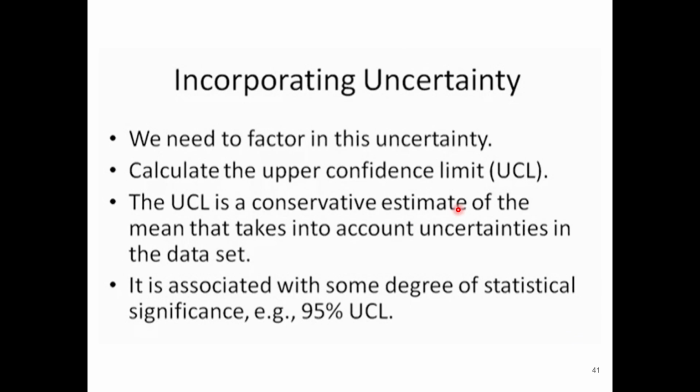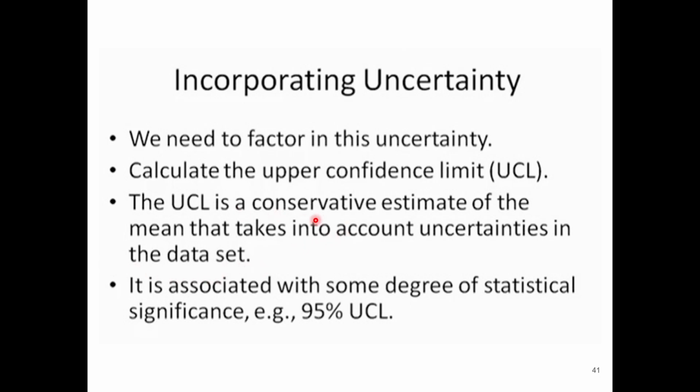Therefore we need to factor in this uncertainty, and for that purpose we have to calculate the upper confidence limit, which is abbreviated as UCL. The UCL is a conservative estimate of the mean that takes into account uncertainties in the data set.